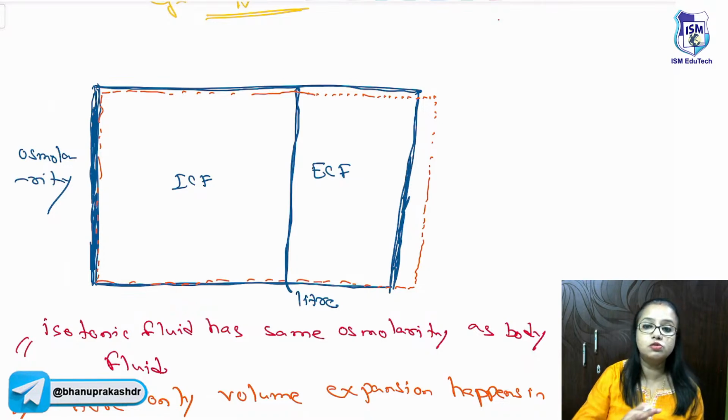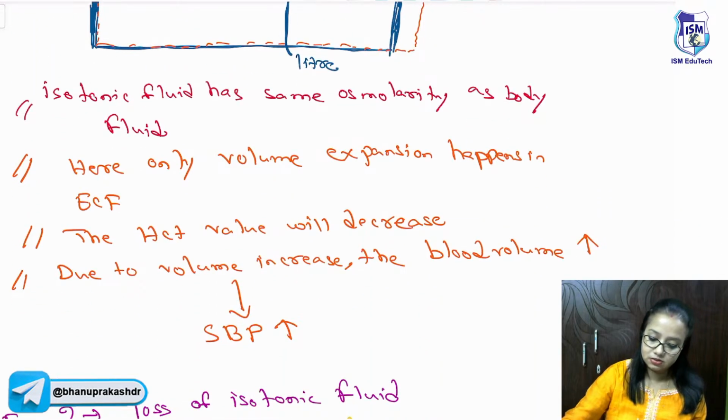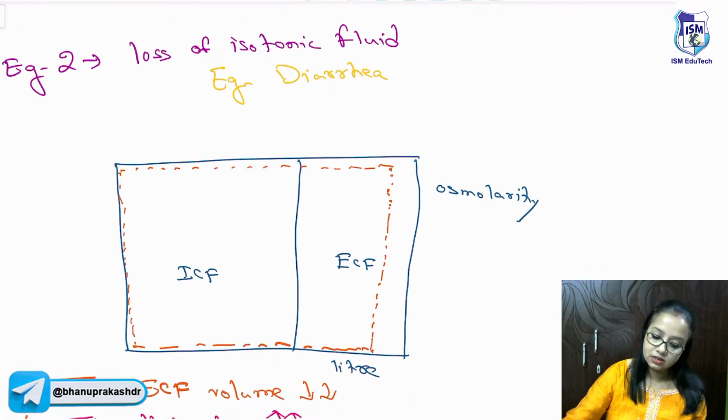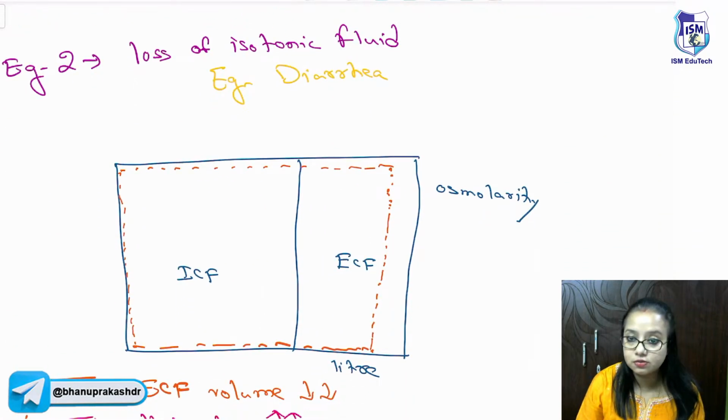But there is no movement of any fluid, because the osmolarity in the isotonic fluid is the same as that of the body fluid. So there is no change in the osmolarity, only volume expansion, which results in the dilution of the RBC, as a result of which the blood volume also increases and the systolic blood pressure increases.